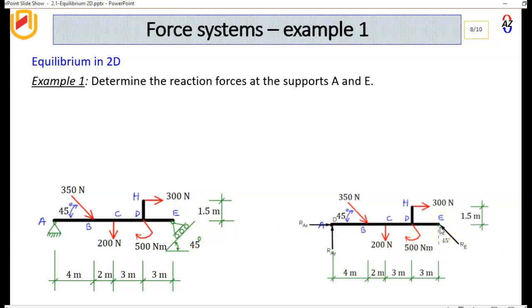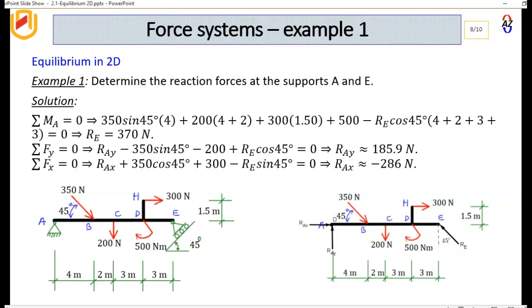So obviously the first thing that we'll do is to take moments at this position A, where we get more forces so that we can be able to get RE, and that's what we're going to do here. So moments at A will be defined in the following manner.